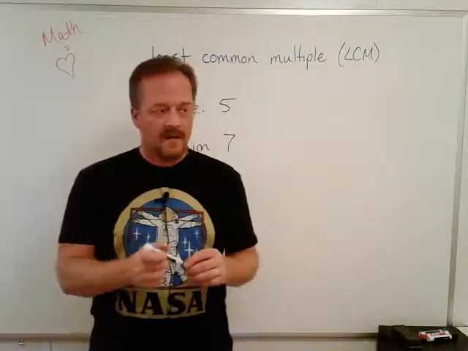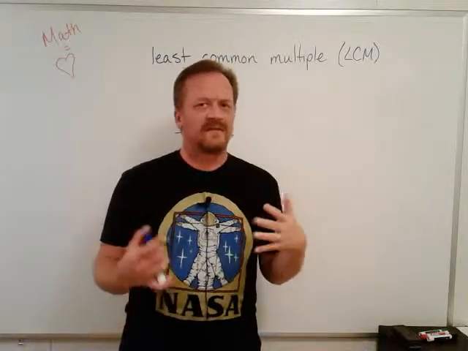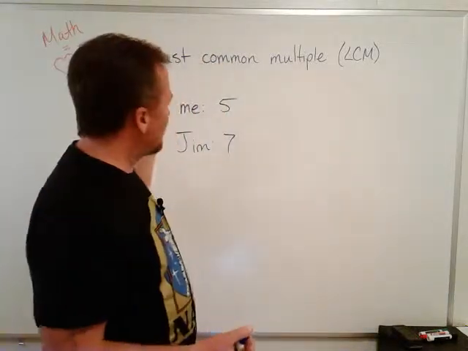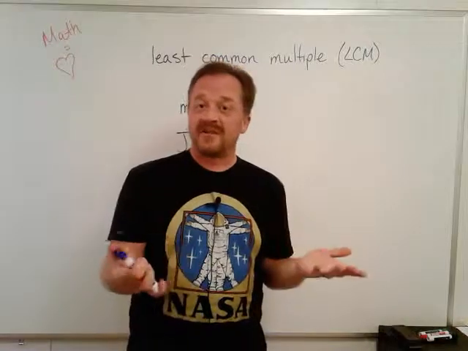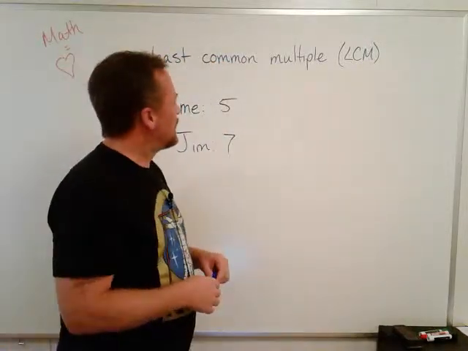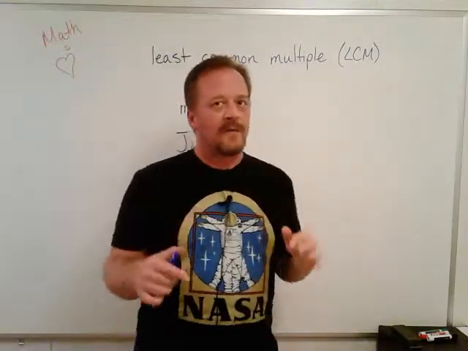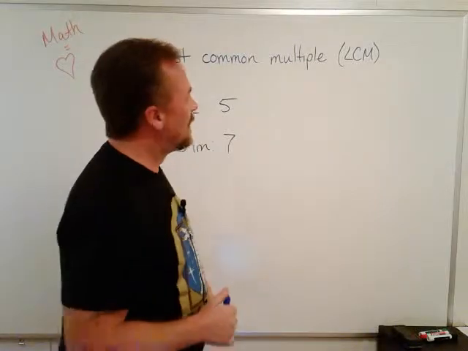Okay? How am I going to attack this? I want to know when we're going to see each other. When's the first time that me and Jim will see each other at the gym at the same time? Okay? Well, I know I can use least common multiple, and I'll explain a little bit more about how you know that in a little bit.